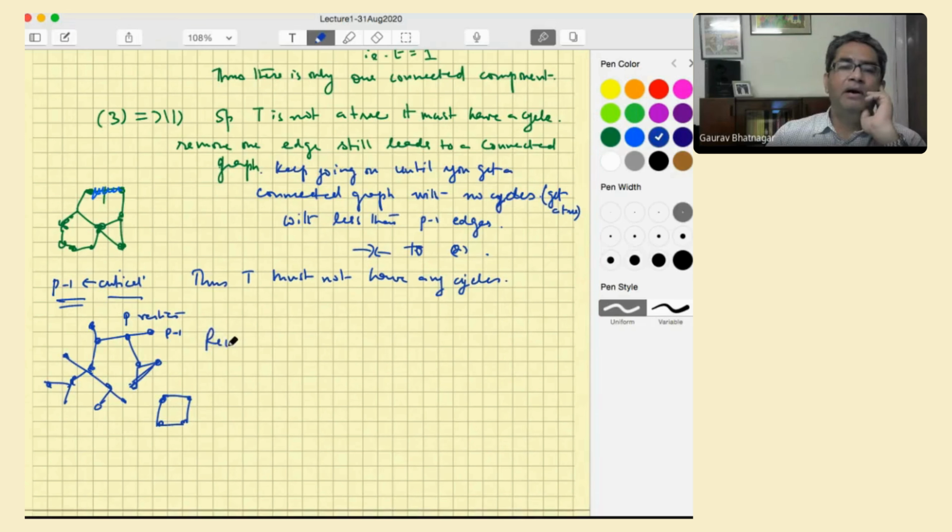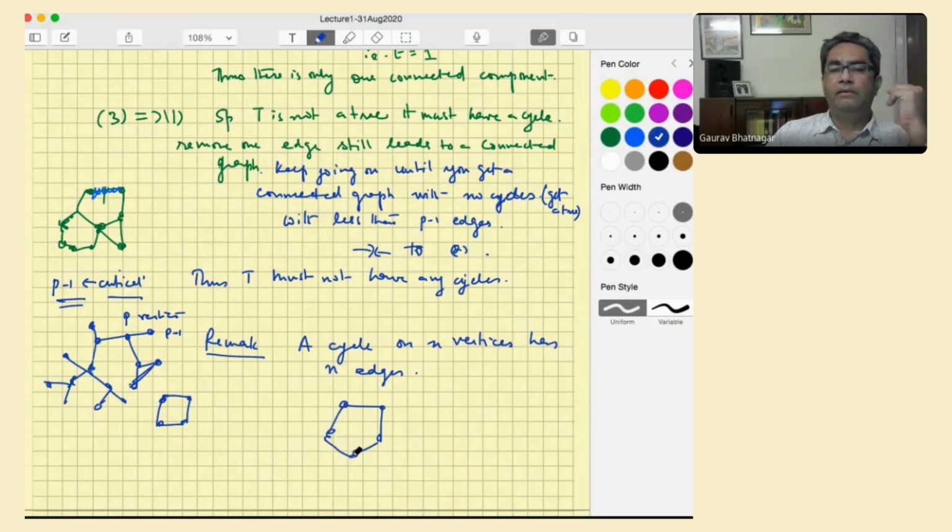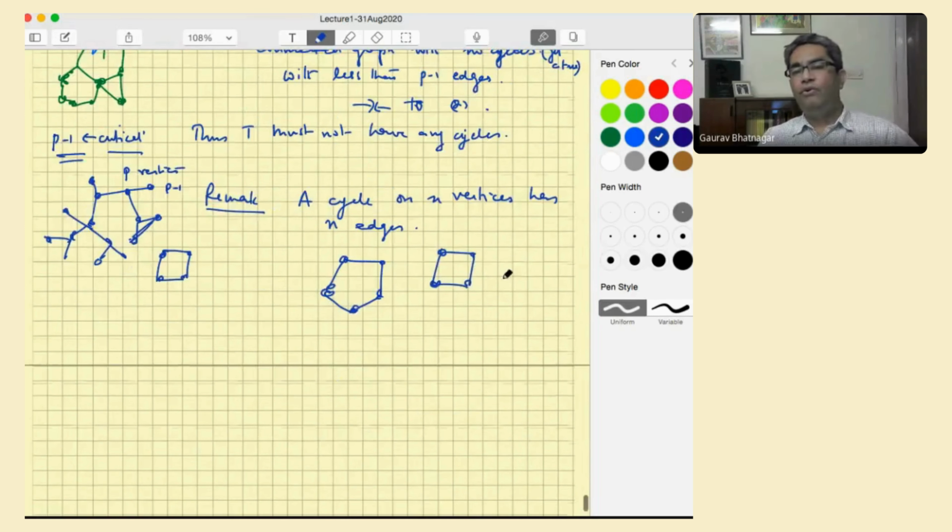So let's see a remark. A cycle on n vertices has n edges, right? So any cycle is kind of like a minimal non-tree. And you delete one edge, and you get a tree.